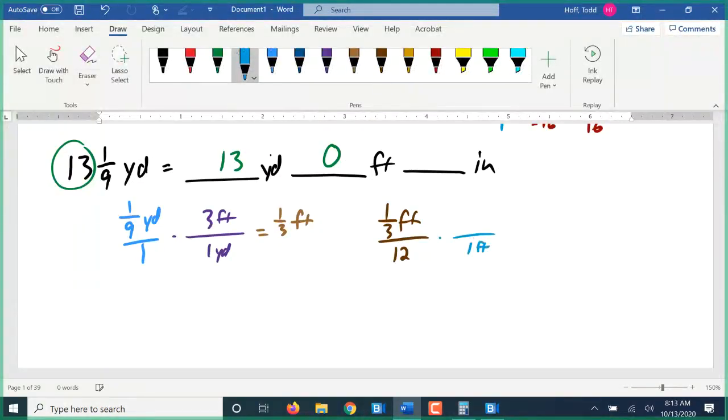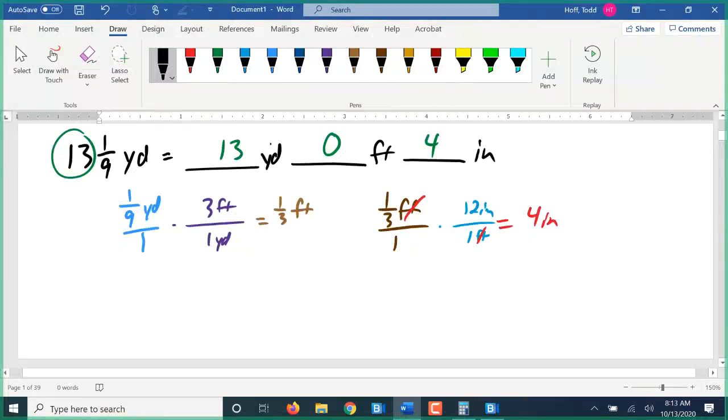So 1 foot is 12 inches. Oops, I should have been just over 1 here, not over 12. 1 foot is 12 inches, so the feet cancel out. 1/3 times 12 is 4 inches. So that 13 and 1/9 yard is 13 yards, 0 feet, 4 inches.